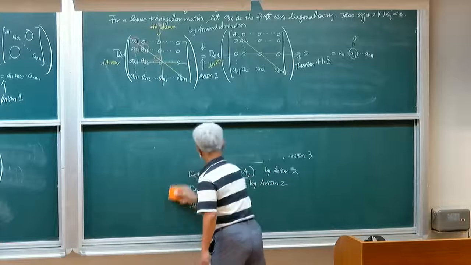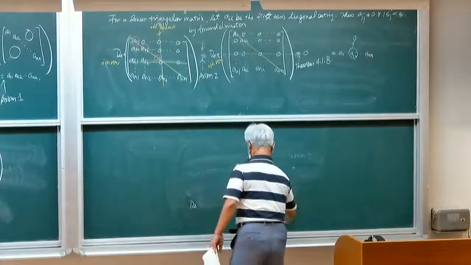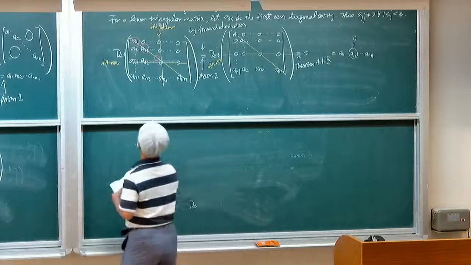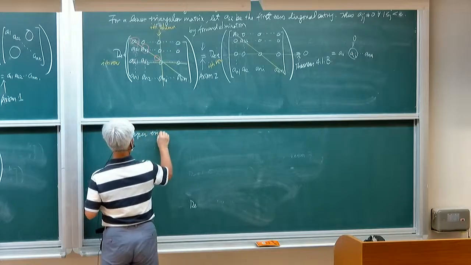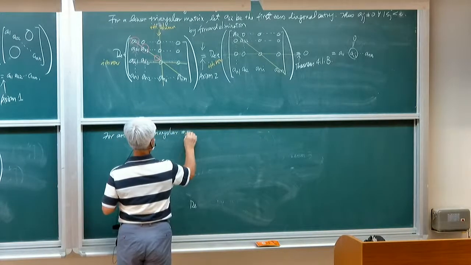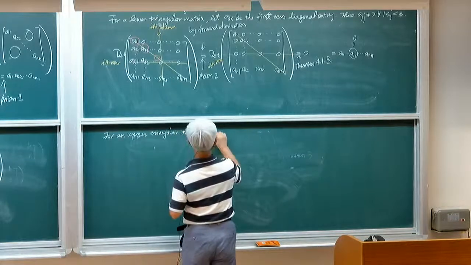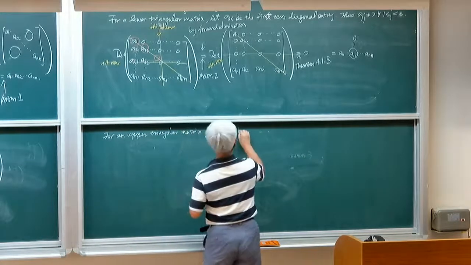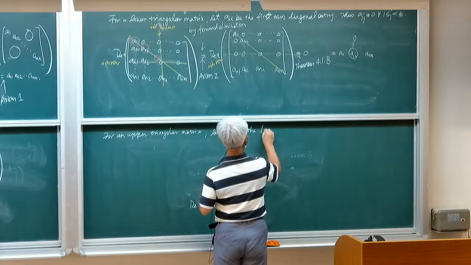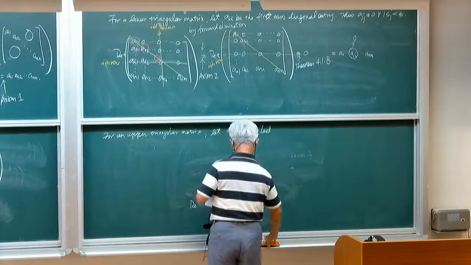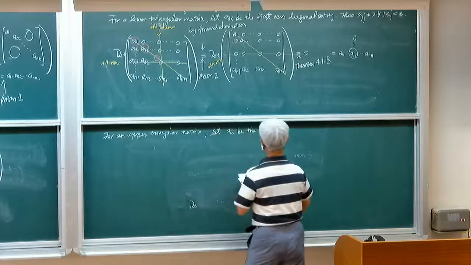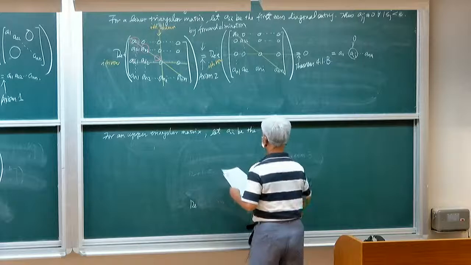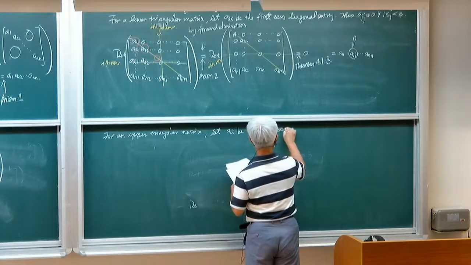How about upper triangular matrices? For an upper triangular matrix, we let a_ii be the last zero diagonal entry.